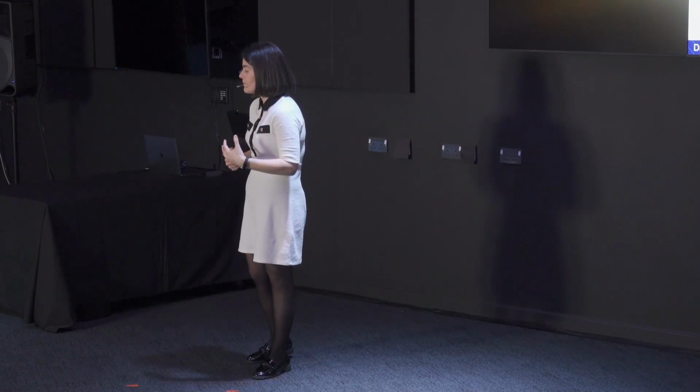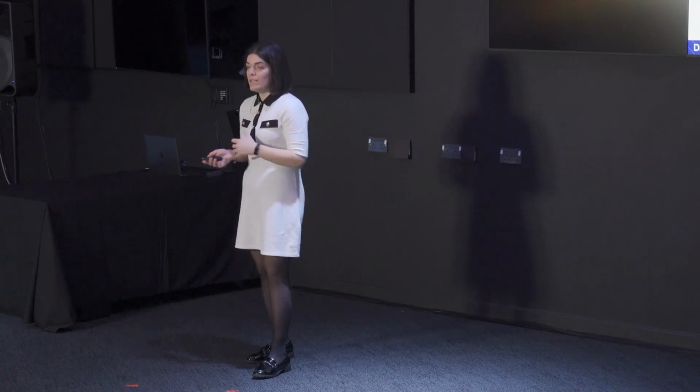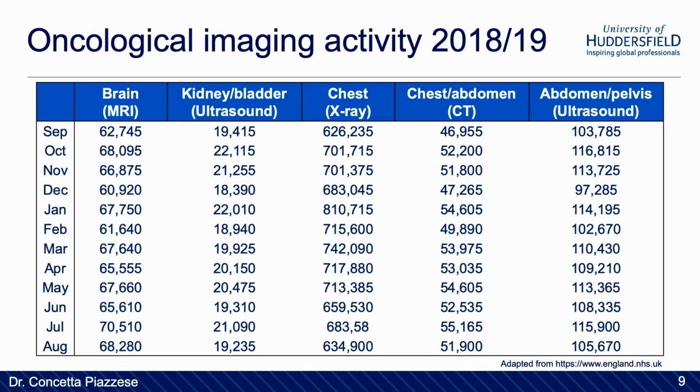And as I said before, that's because we can get information about what's happening inside the body. And if you don't believe me, this is a table reporting the number of images acquired month by month and divided by imaging modality in just 1 year in England.